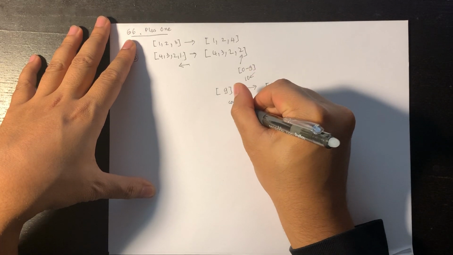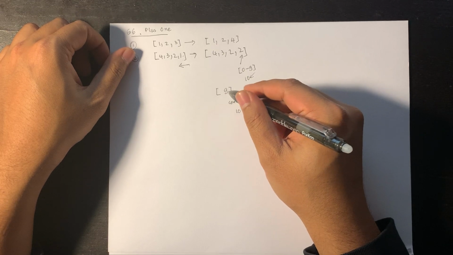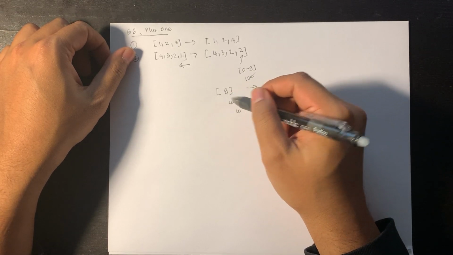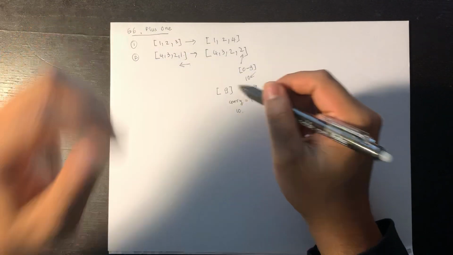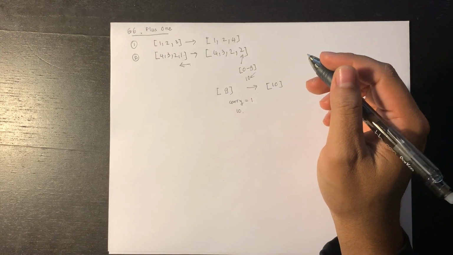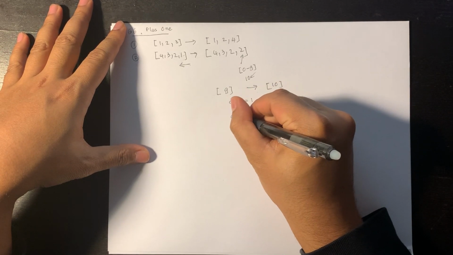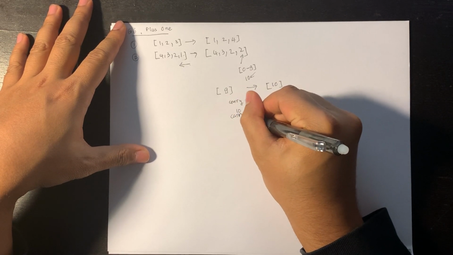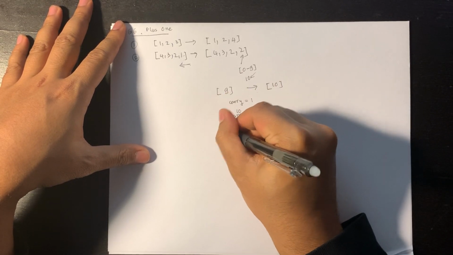So it would be 10. Every time we have overflow, we want to change our carry to 1.